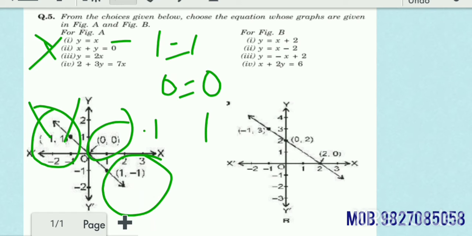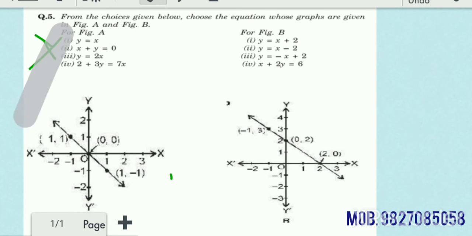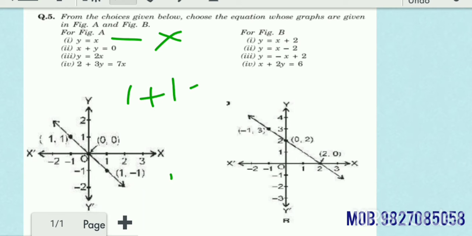For the second, x plus y is equal to 0. The first is false. Second, x plus y is equal to 0. Now put here 1 and again 1, that will not be 0, so this is also wrong.